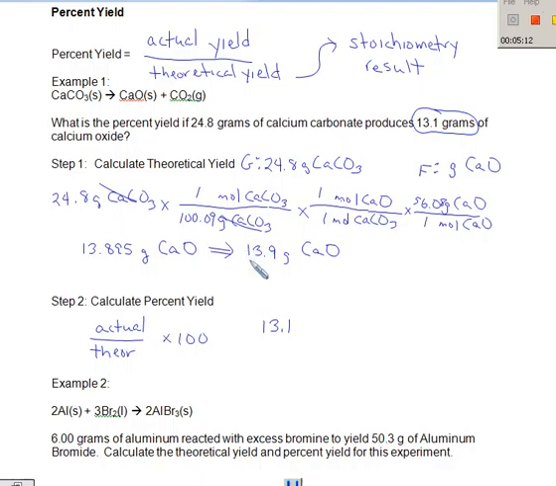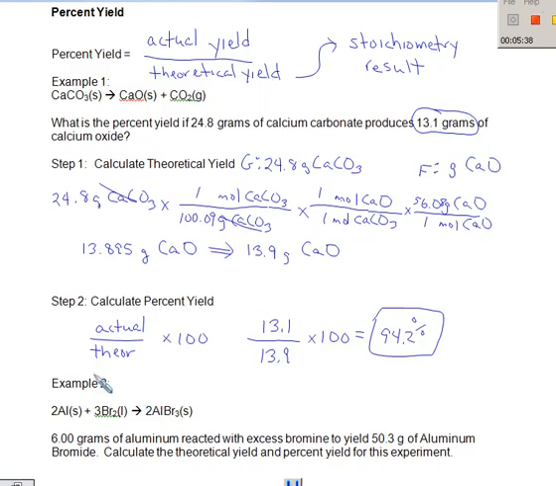This is how much we should have made. This is the stoichiometric or theoretical yield. I'm going to divide that by 13.9, multiply by 100, and your answer for your percent yield is 94.2%. Put a box around it so I know that that is your final answer.